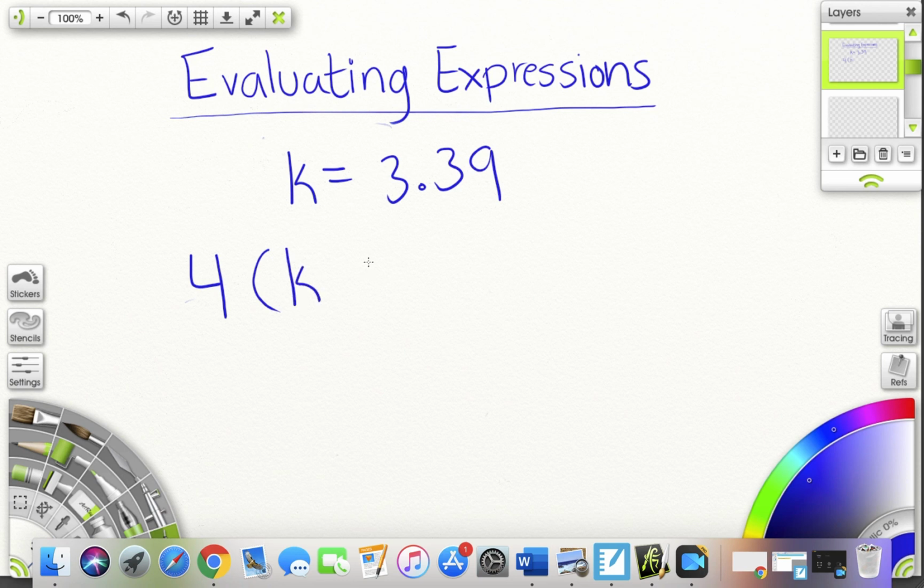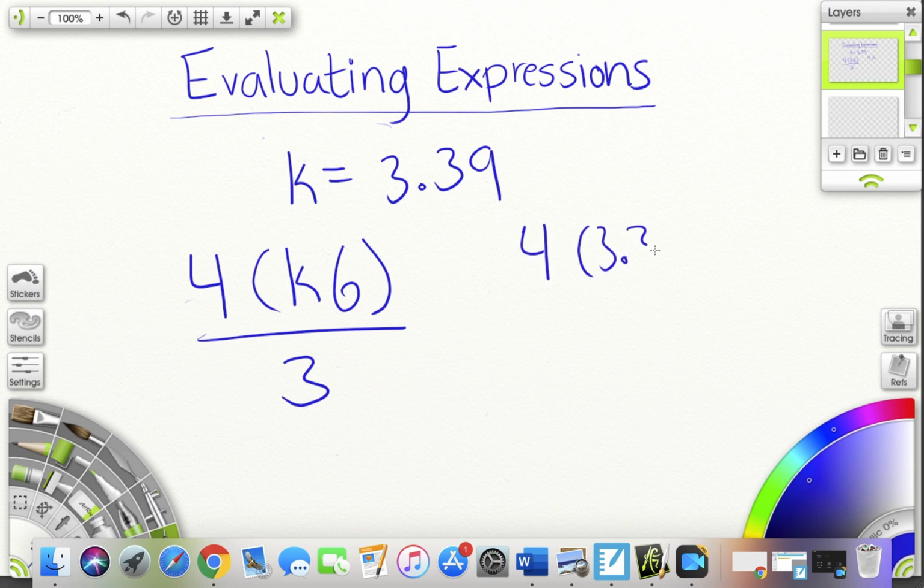And we have a problem like 4K times 6 over 3. So first things first, I need to plug in my numbers. So I have 4, 3.39. If it's this, that means it's times, so times 6 over 3.